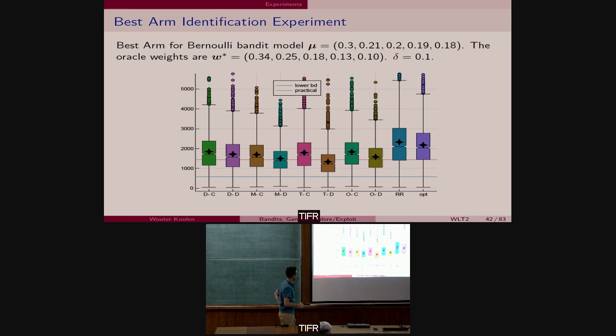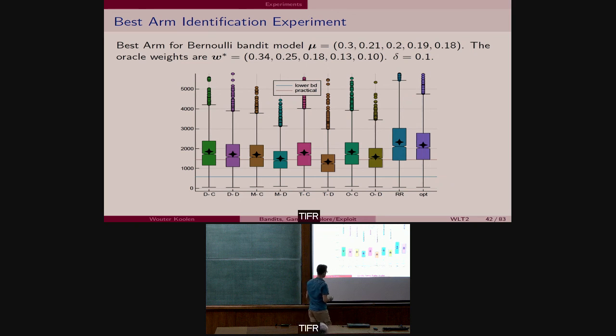It's reasonable. So what you see are a whole bunch of algorithms, and for each of them I have a box plot of the running time. So you get some idea of the distribution of when you stop. The star is the mean, and everything outside is a dot, outside, I guess, 95% or something.